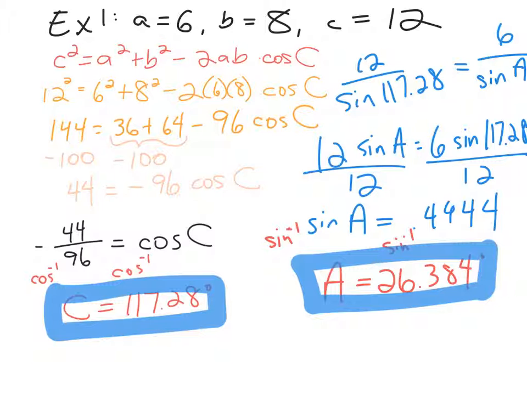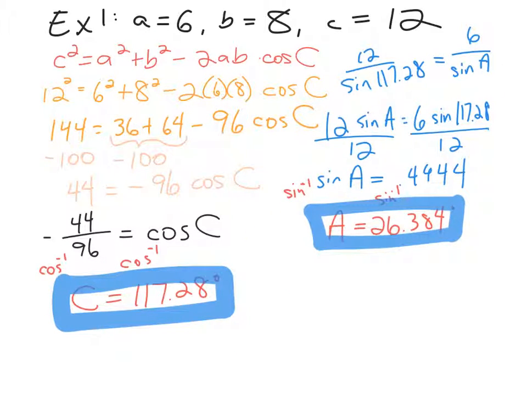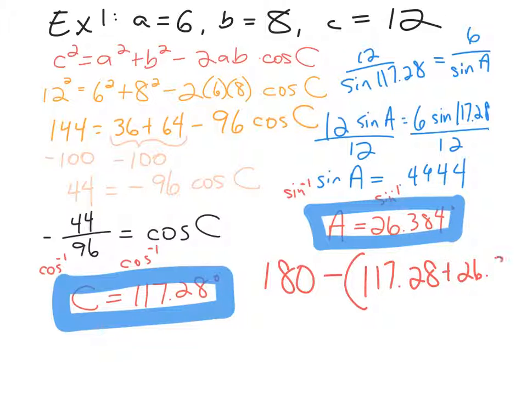And then the third angle that we're looking for, we could use the law of sines or the law of cosines again if we wanted to, but even better than that, we could simply take the two angles that we've already found, and how do you find the third angle of a triangle? Well, you subtract from 180. So we could just do 180 minus 117.28 plus 26.384 to get our angle B value.